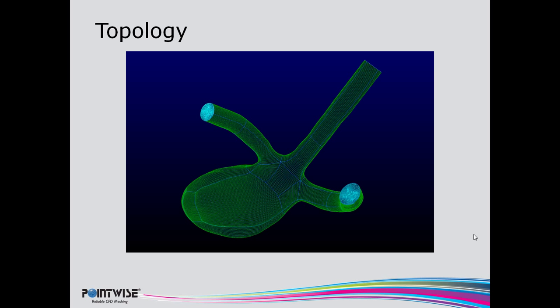So using fully automated methods to create a completely structured mesh can sometimes be problematic and difficult with any program. However, the tools in Pointwise give you the ability to really have ultimate control over your mesh and control the final grid quality.